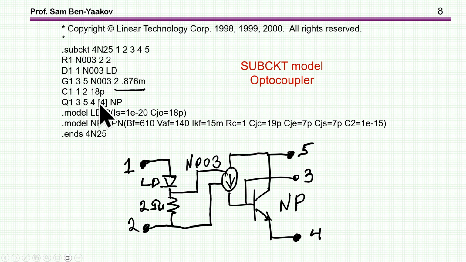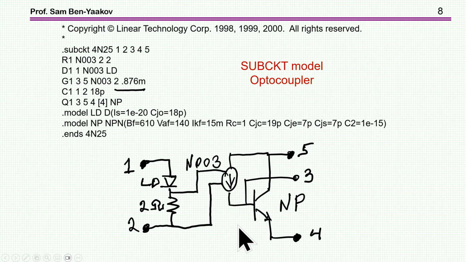So what I did, I just looked at this netlist and reconstructed the circuit corresponding to it. What we see here is that between node 1 and this node we have a diode, and then we have a resistor, and then this G is a voltage controlled current source, which is connected to the base of the transistor, so that we are injecting current into the base, which is a function of the voltage across the resistor, and then of course the collector-to-emitter current is an amplified value of this current.